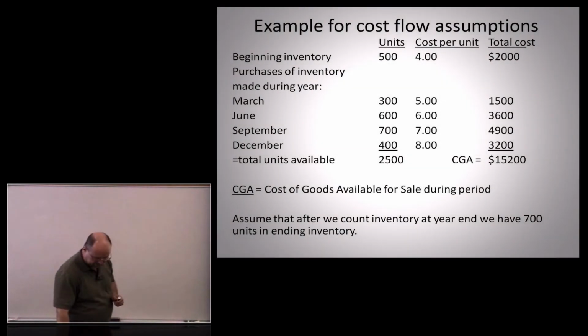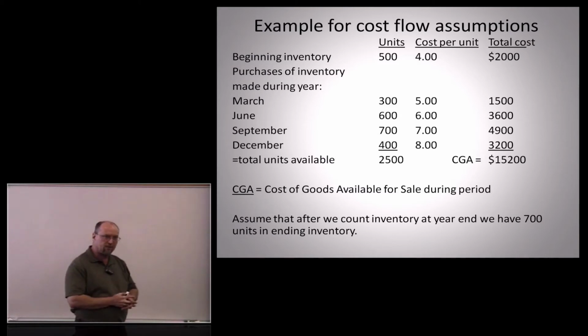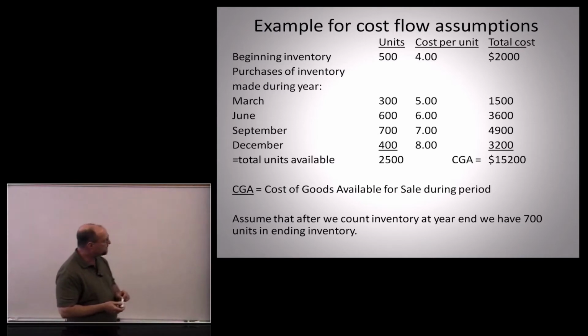Okay, so we're back. So beginning inventory plus my 4 purchases equals 2,500 units available. 500 plus 300 plus 600 plus 700 plus 400, 2,500 physical units available, and the cost of goods available, the dollar value in total, is $15,200.